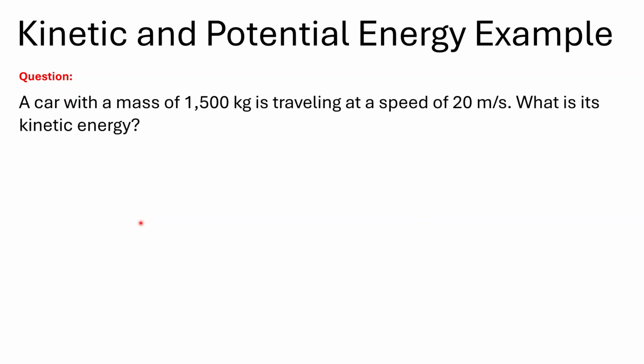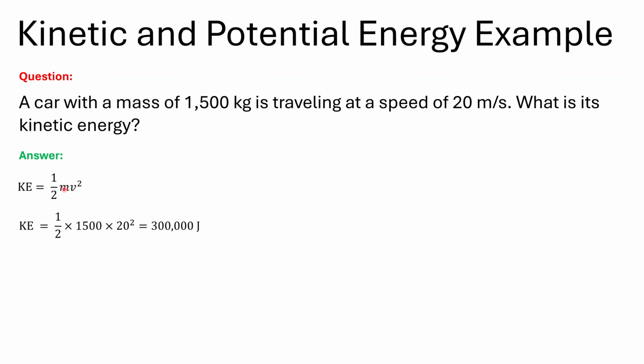Let's work on some examples. Question number 1. A car with a mass of 1,500 kilograms is traveling at a speed of 20 meters per second. What is its kinetic energy? Okay, so the formula that we have to use here is kinetic energy equals 1/2 times mv squared.